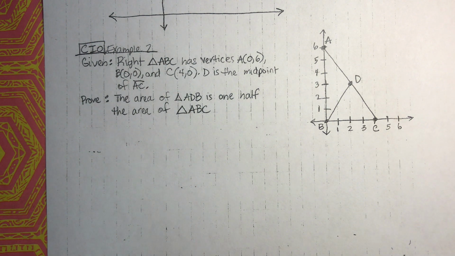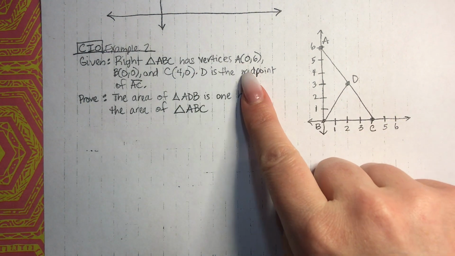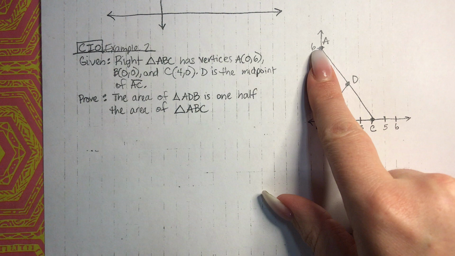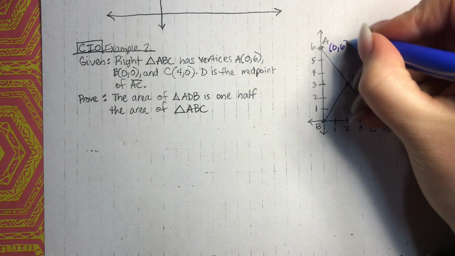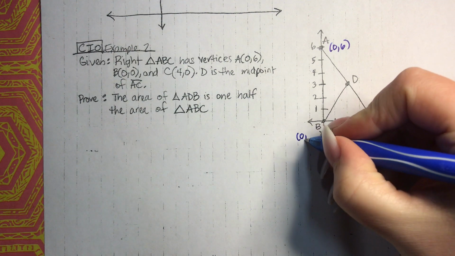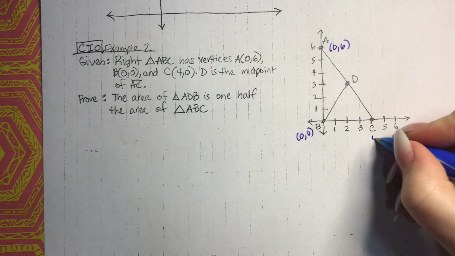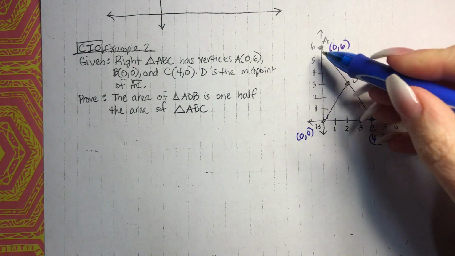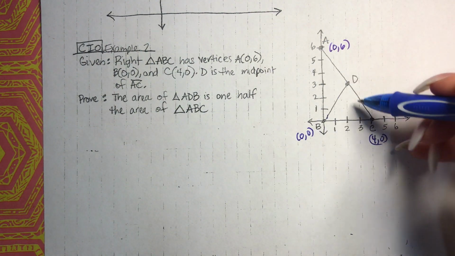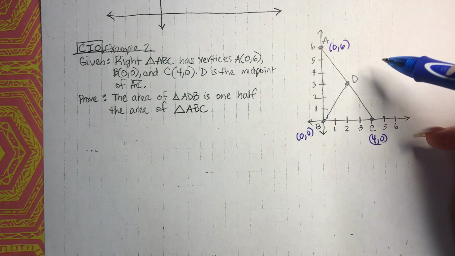So Check It Out example 2 says, given right triangle ABC has vertices A is (0, 6), B is (0, 0), and C is (4, 0). So it's saying this is a right triangle, given that ABC has vertices here, here, and here.